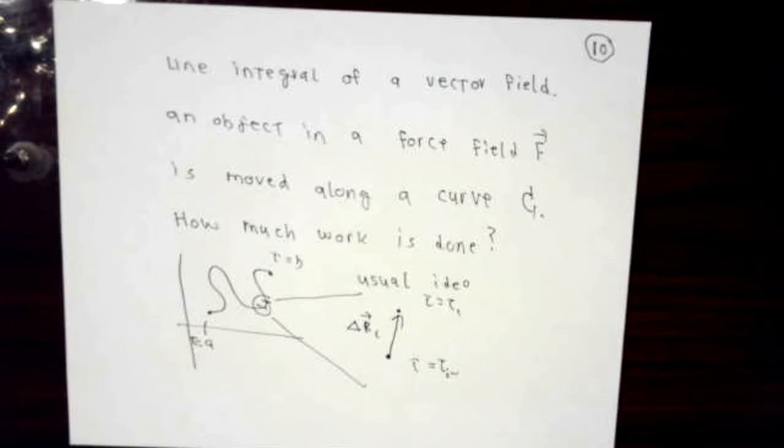I've got a force field vector. Maybe it's gravitational or electrostatic or some such thing. I'm going to move an object along a curve, C, so I'll have the picture of the points and parametric equations describing the graph. I want to figure out how much work is done.